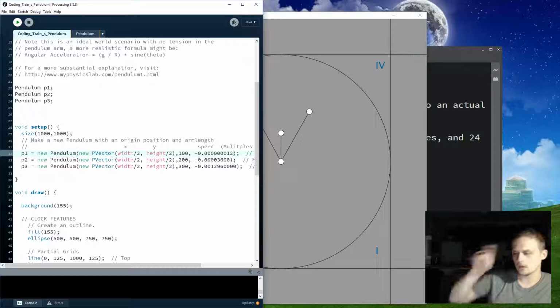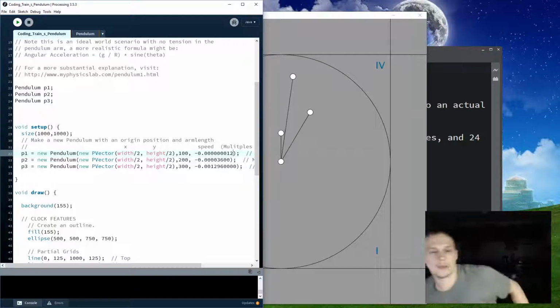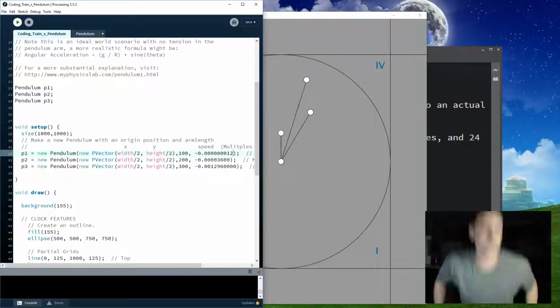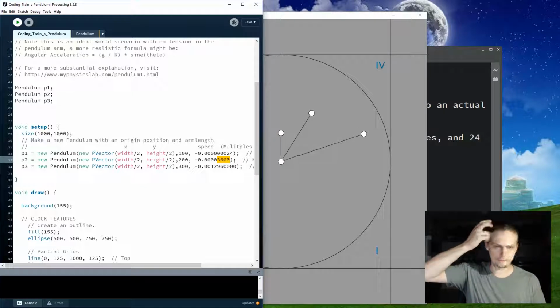Would there be 60, or would there just be 12? Am I doing a 24-hour clock or a 12-hour clock? If I'm going to do a 24-hour clock, then I'm going to put 24 right here. Now, it's going to be a different cycle, but it's how I multiply it.